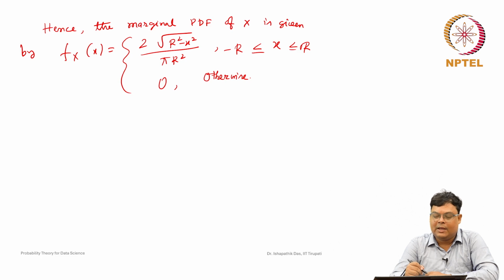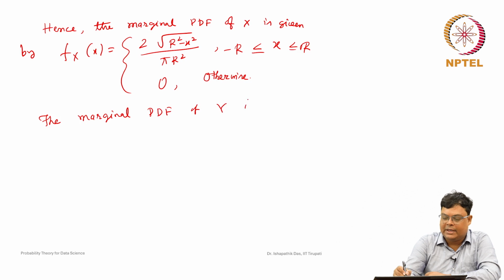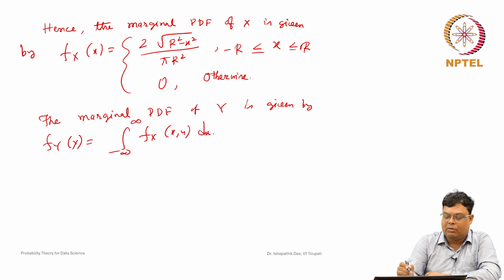Similarly, we can find the marginal probability density function of y also. Let us do the computation again. The marginal probability density function of y is the integral from minus infinity to plus infinity, and in this case we integrate with respect to x.